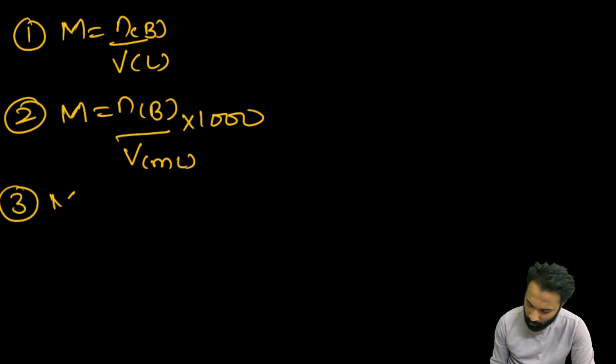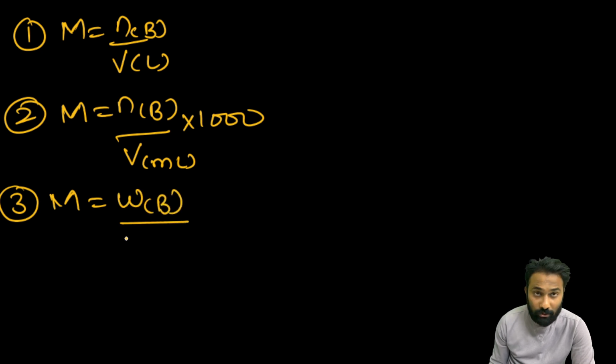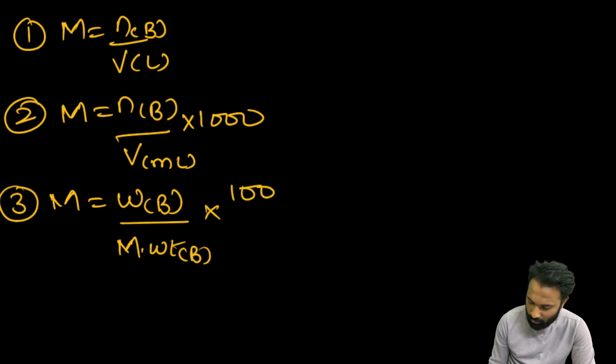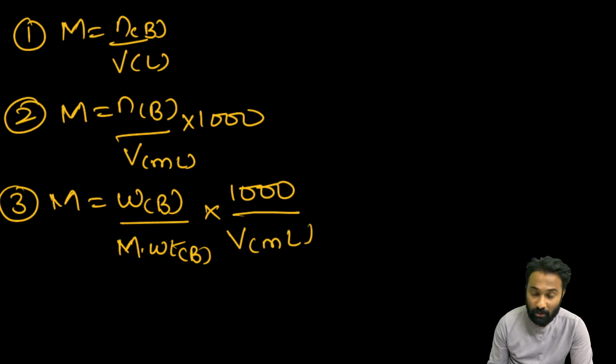Still I want to extend this formula. Number 3: molarity is equal to the number of moles of solute, which will be weight of solute by molecular weight of solute, into 1000 by volume in ml. Many questions ask for the weight of the solute.